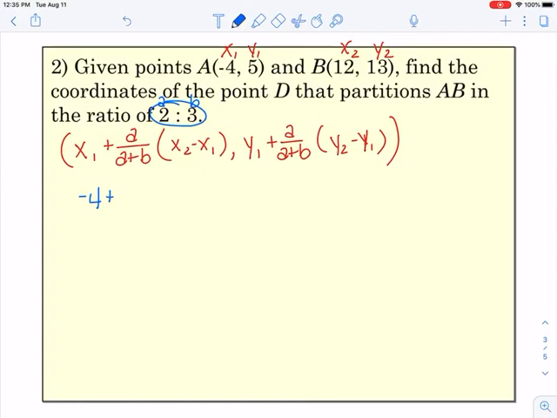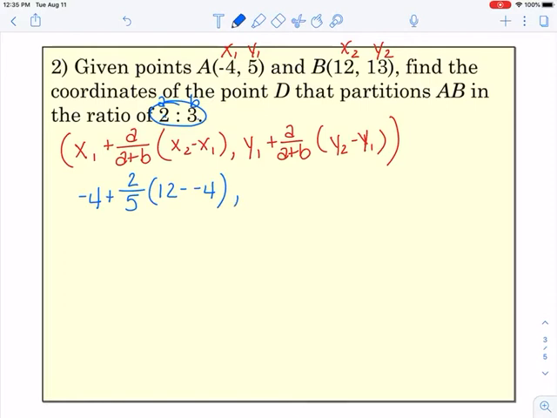So A on the top is going to be 2, and on the bottom, I'm going to add those two numbers together. 2 plus 3 is 5. x2 is 12 minus x1 is a -4. So you have 12 minus -4 inside those parentheses.